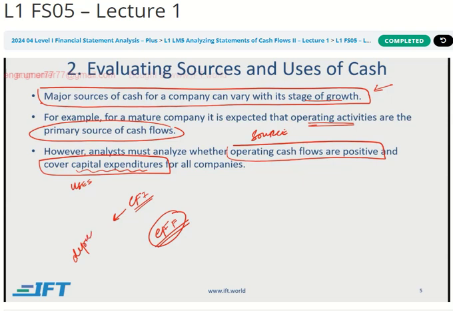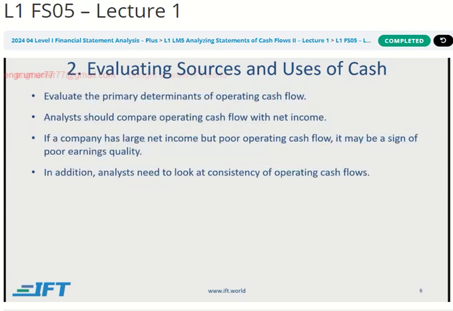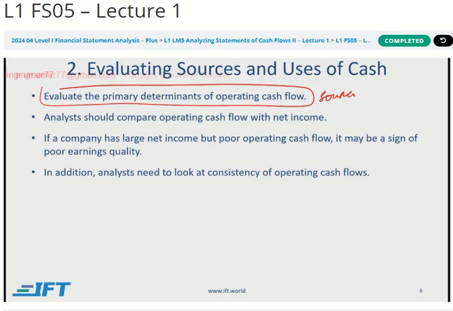So what we see is, what is the level of depreciation that is happening in their existing infrastructure, and is the cash that they are generating from their operating activities enough to cover that depreciation so that they can maintain their production infrastructure? Otherwise, the company is not going to be able to survive. So, what we want to see is, number one, what are the sources, right? And number two, are they enough for the uses?